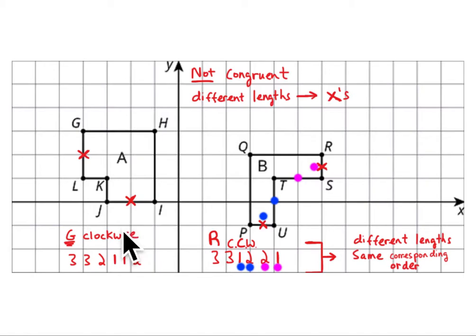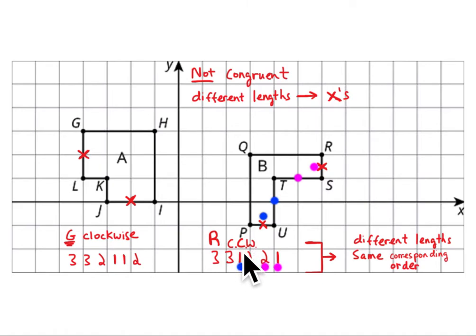So if you actually listed those lengths, starting at G for this image and moving clockwise, so this is 3, 3, 2, 1, 1, 2. And then you listed the same corresponding positions. Now this is a reflection, so you're going to start at R and move counterclockwise.